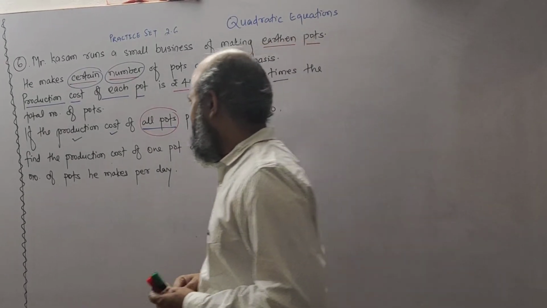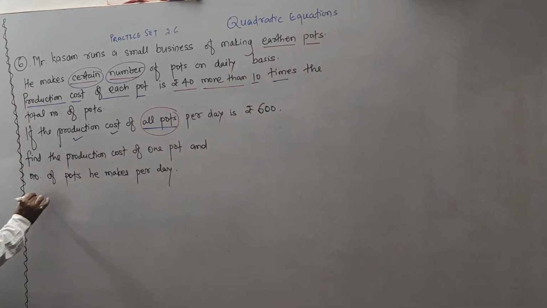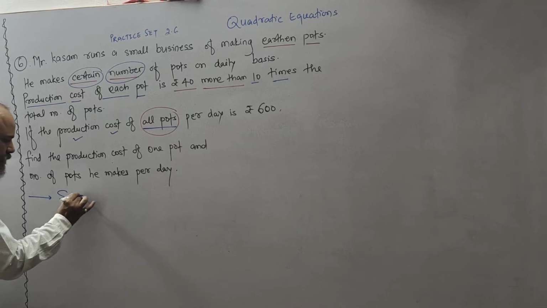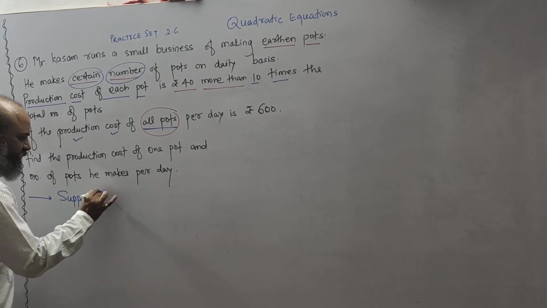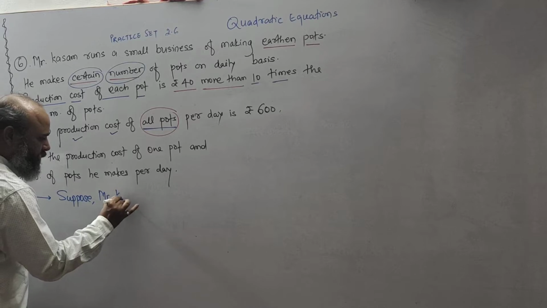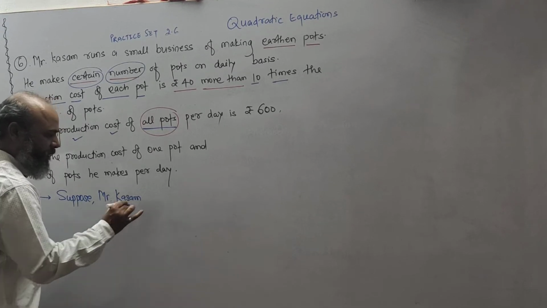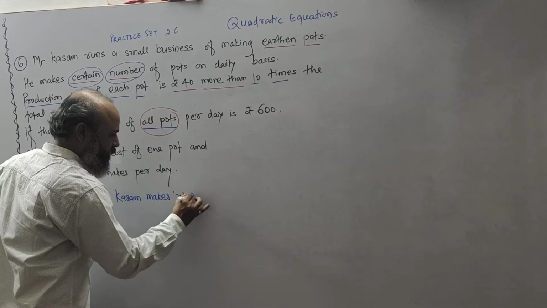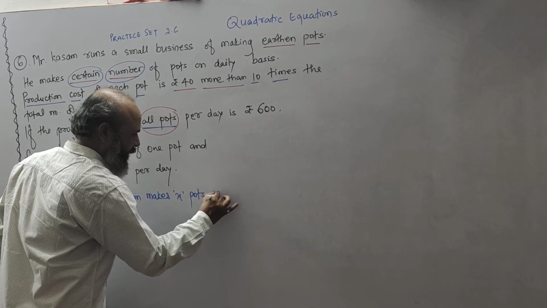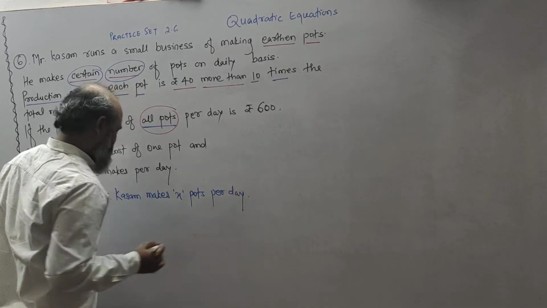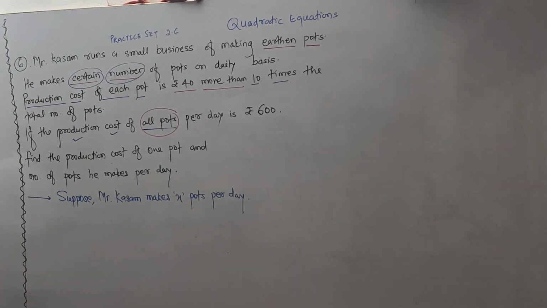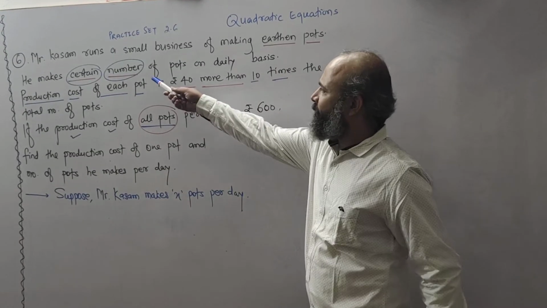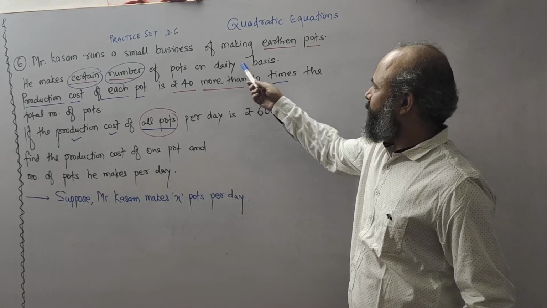Now we will suppose. Solution: suppose Mr. Qasim makes x pots per day. In the question it is given he makes a certain number of pots on a daily basis.